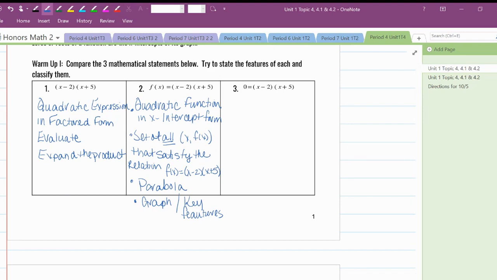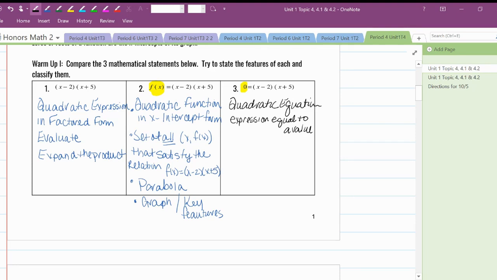This is something new, number 3. What we will notice is that the f of x is replaced with a 0. I am now looking at a quadratic equation where I have the expression equal to a value.